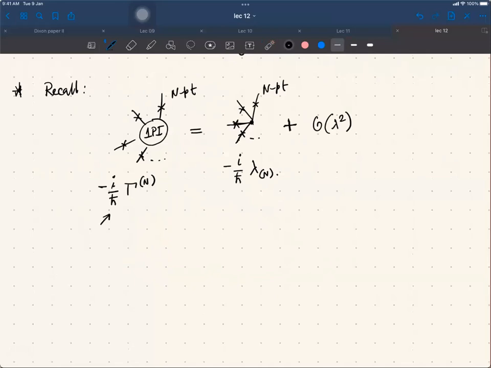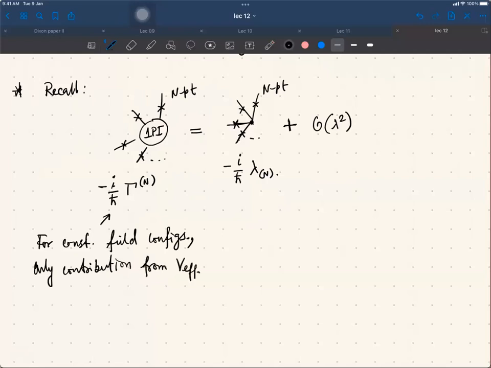So contribution for constant field configurations, only contribution from V effective, and this one is the classical. This is the contribution of the classical action.